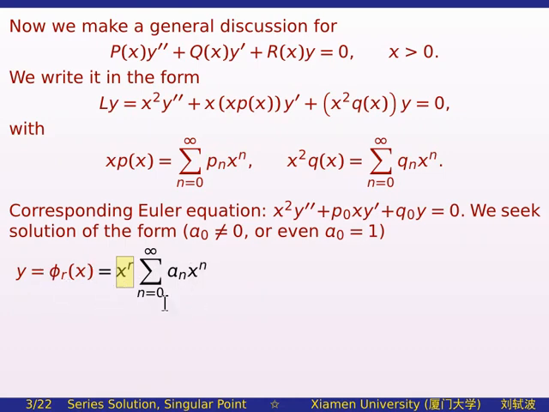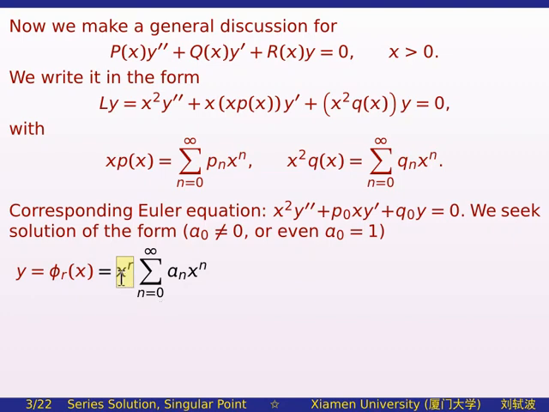We have already illustrated how to find the solution of this form for a concrete explicit equation, where capital P, capital Q, capital R are given precise functions. Now we are making a general discussion. To substitute this y into the equation, because y is the multiplication of two functions, computing the derivative of y will be complicated.